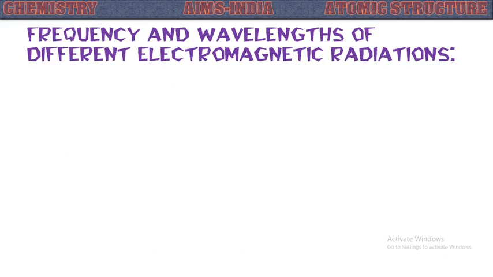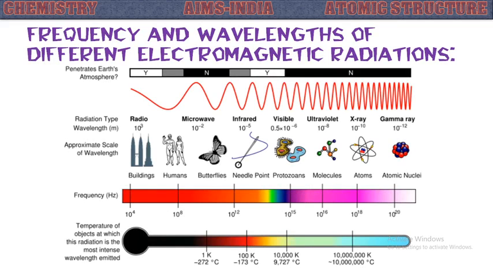Frequency and wavelengths of different electromagnetic radiations are shown here. We can observe radio waves, which have longer wavelength, have the lowest frequency, whereas X-rays and gamma rays have very low wavelength and higher frequency.